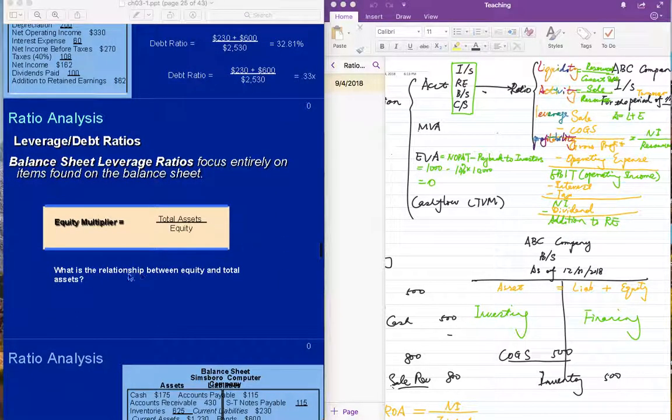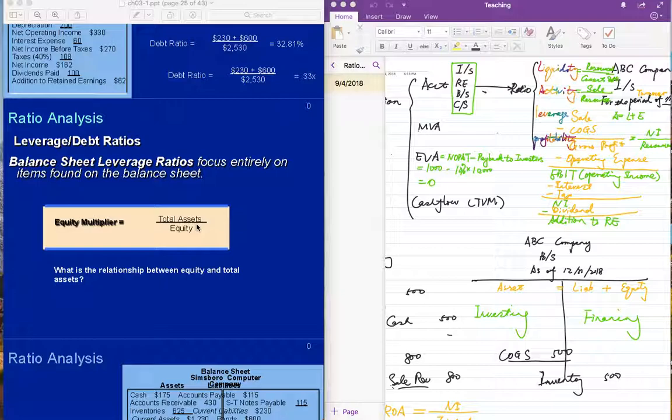There is another ratio called the equity multiplier. Instead of putting equity on the top, it has total assets on the top. Total assets are always greater than total equity because assets equals equity plus liability. So in most scenarios assets is greater, though sometimes it may equal total equity if the firm doesn't have debt at all. In that scenario, total assets just equals total equity.